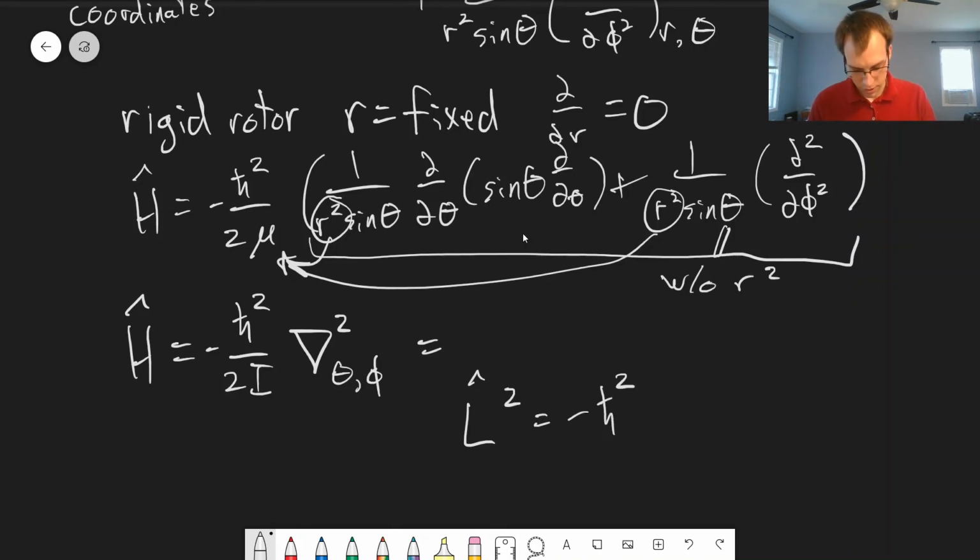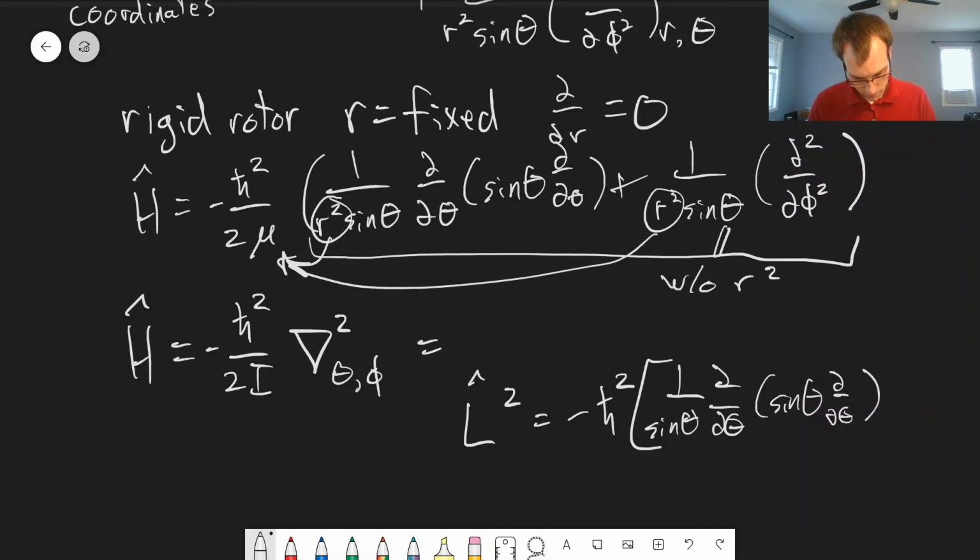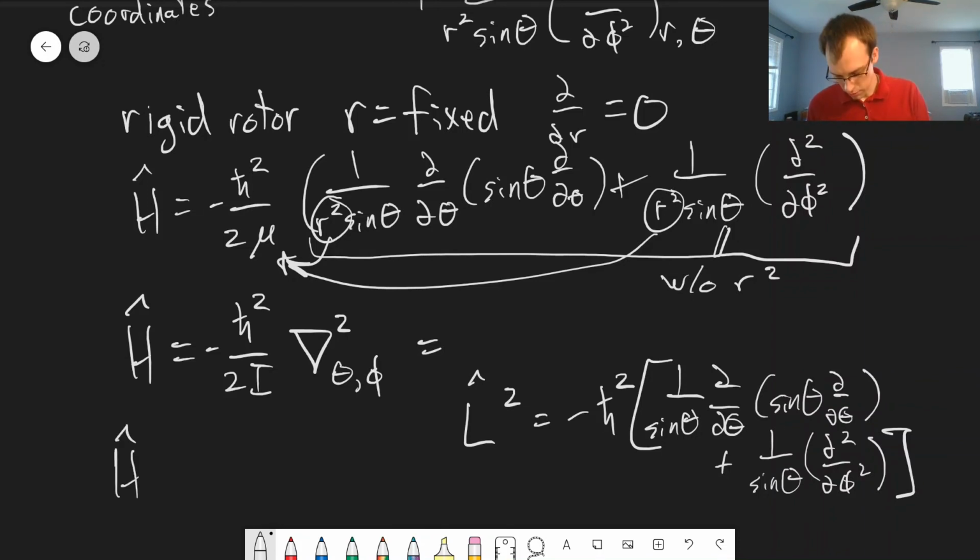H bar squared times 1 over sine theta d d theta, sine theta d d theta, plus 1 over sine squared theta d squared d phi squared. And so H will be equal to negative, oh sorry, not negative, because the negative is part of the L squared, but the angular momentum operator squared over 2I.